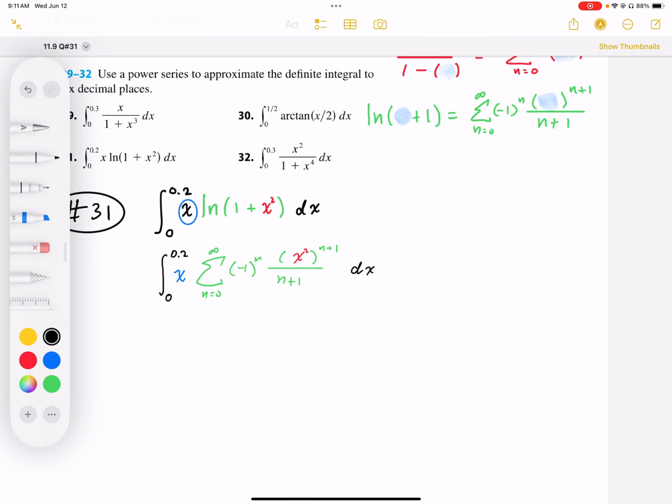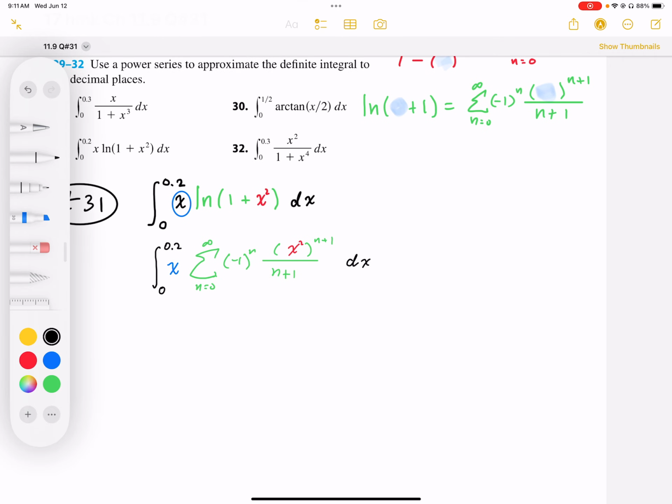And I'm going to rearrange this and simplify it so I can integrate it more easily with the power rule. So that x on the outside needs to come inside. From n equals 0 to infinity, negative 1 to the n, alternating.